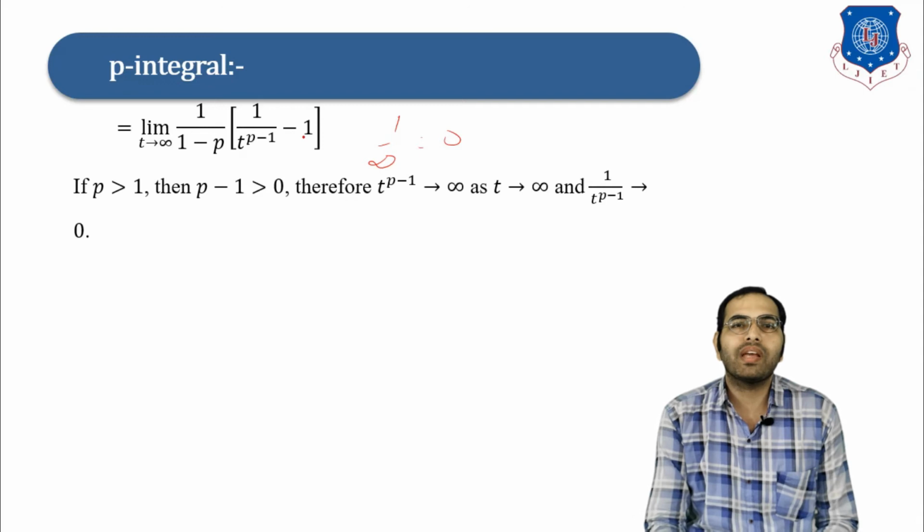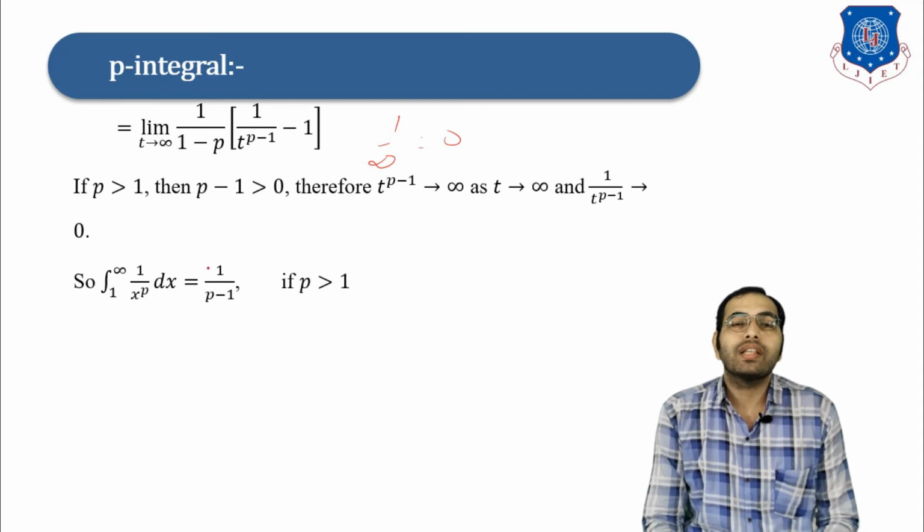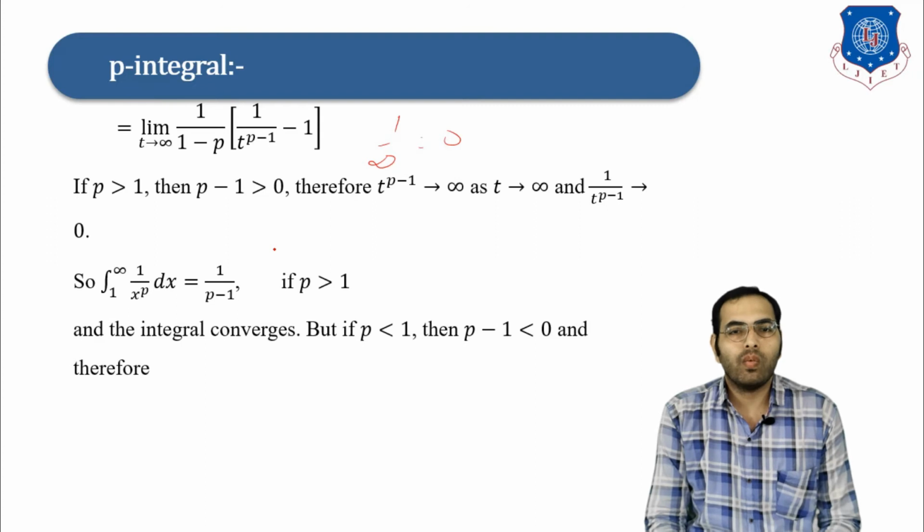That means our answer becomes 1 upon p minus 1, which is a finite answer. So if p greater than 1, our answer is finite, and we can say that the given integral is convergent for p greater than 1.